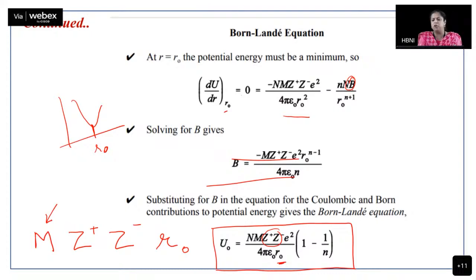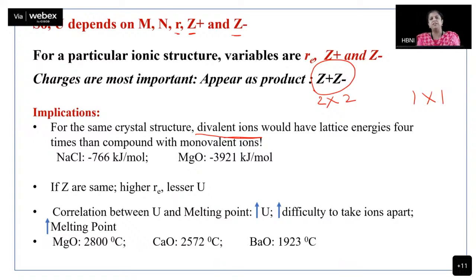And otherwise also, it is easy to imagine, the further they are apart, the easier it is to separate them. So MgO will have higher lattice energy as compared to calcium oxide, which would have higher lattice energy as compared to barium oxide. Not very difficult to imagine, because lattice energy is ultimately how easily you can break your lattice.